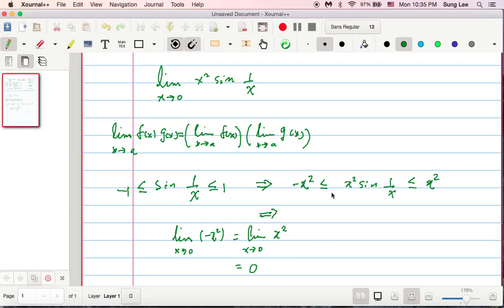So by the squeeze theorem, the middle one has to go to the same number when x approaches 0. So the limit of x squared sine 1 over x when x approaches 0 equals 0. Okay? So we got it.